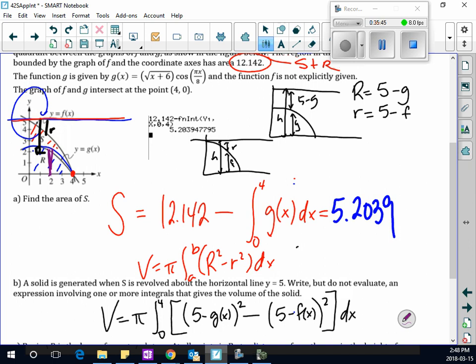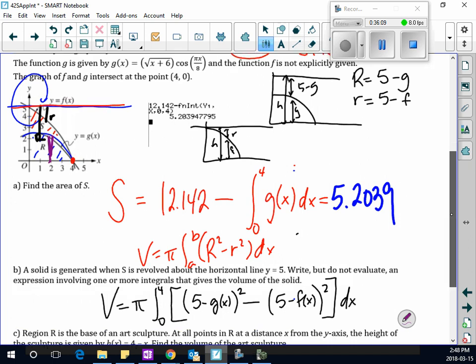Because it's 4 minus x, it's going on a diagonal, I guess. So length times width would give me the area of that object. Yes? So can we come up with the integral?